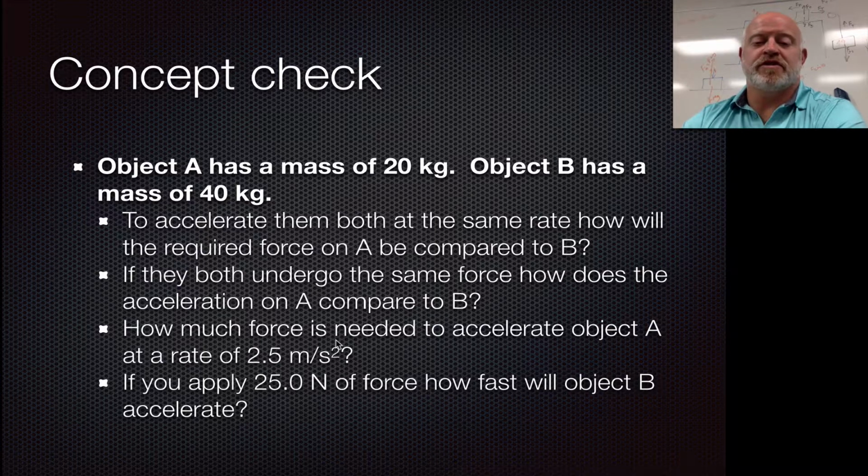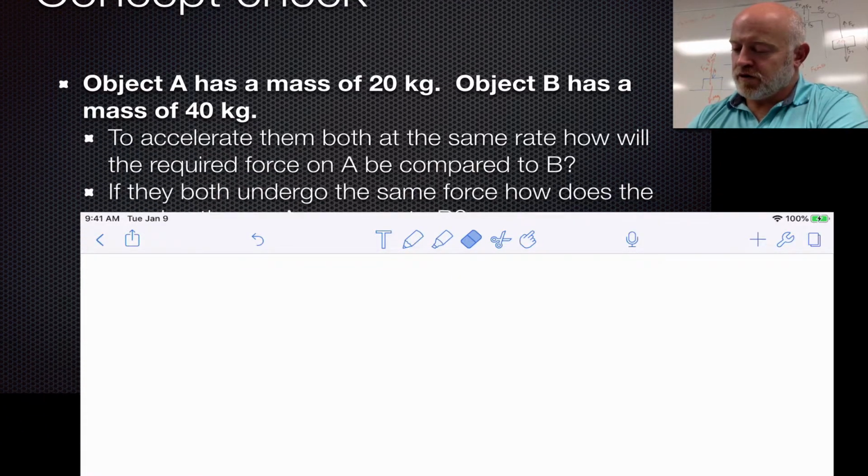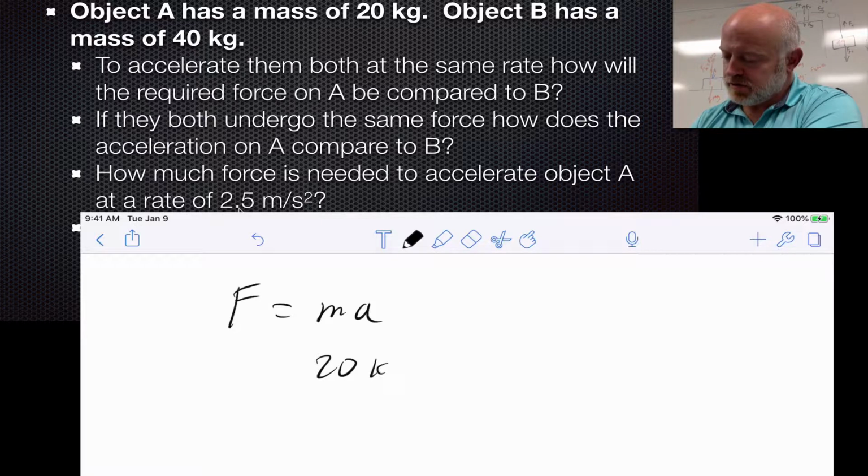How much force is needed to accelerate object A at a rate of 2.5 meters per second squared? Now we know that force is equal to mass times acceleration, so we're into our equation, and we want to know the force needed to accelerate it at 2.5 meters per second squared. Well, object A has a mass of 20 kilograms.